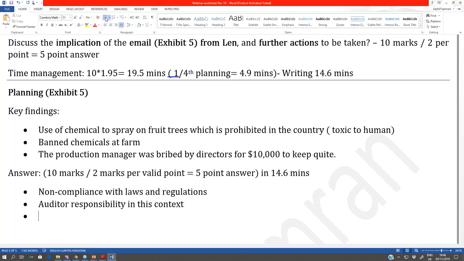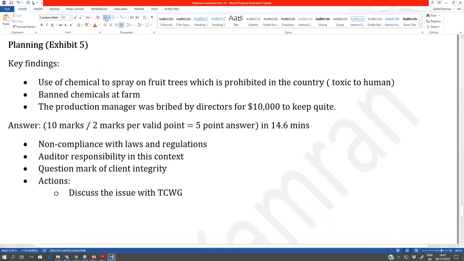Then next, it will also bring a question mark on the client integrity, because the client is doing something very unethical, something very bad. They're using the banned chemicals, they're using the spray, which is prohibited. So there is a question mark on the client integrity. And then I need to take some actions in terms of discussions with those charged with governance. I need to discuss the issue with TCWG of this company.